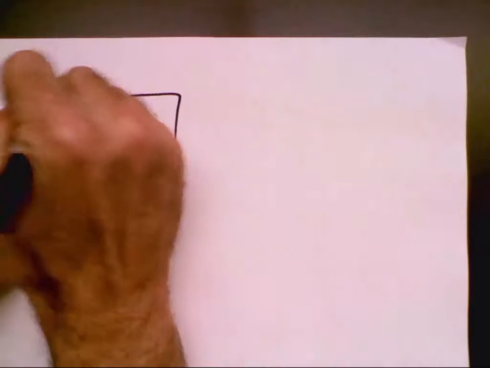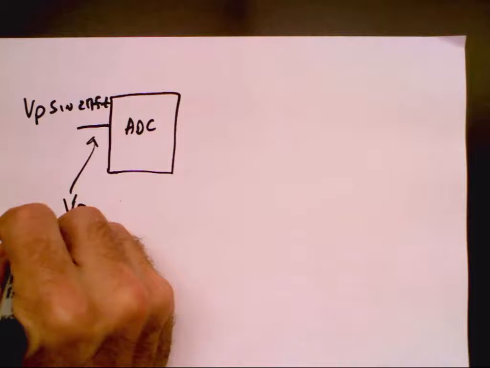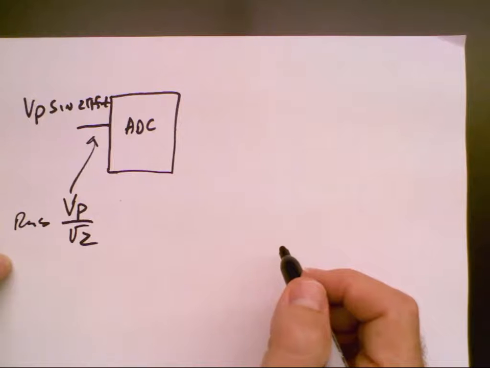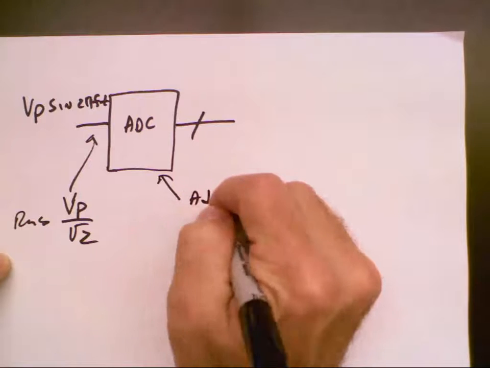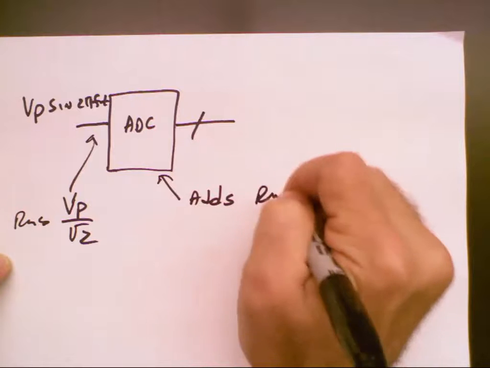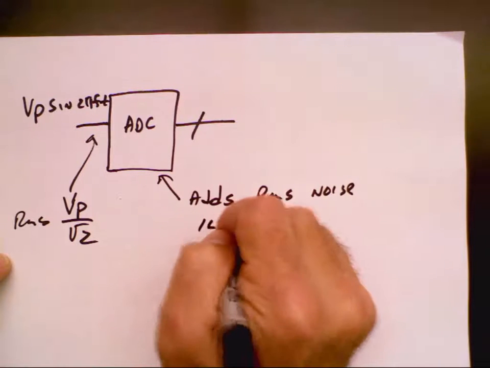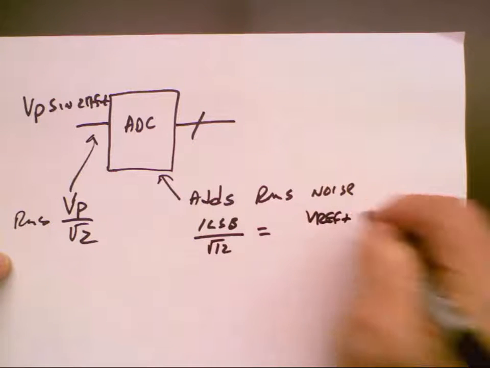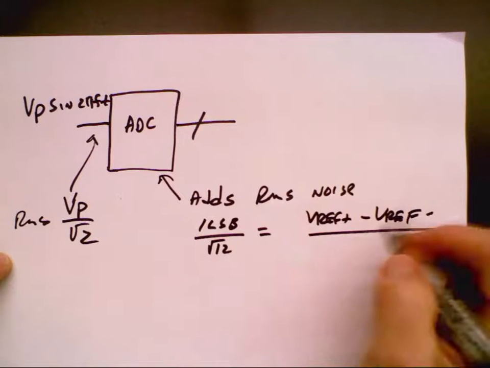So this is VP sine of 2 pi ft, some sine wave coming in. And so its RMS value is VP over the square root of 2. Does everybody agree with that? Then I've got my bits coming out, and I'm claiming that this adds an RMS value of 1 LSB over square root of 12, which is Vref plus minus Vref minus all over 2 to the n.